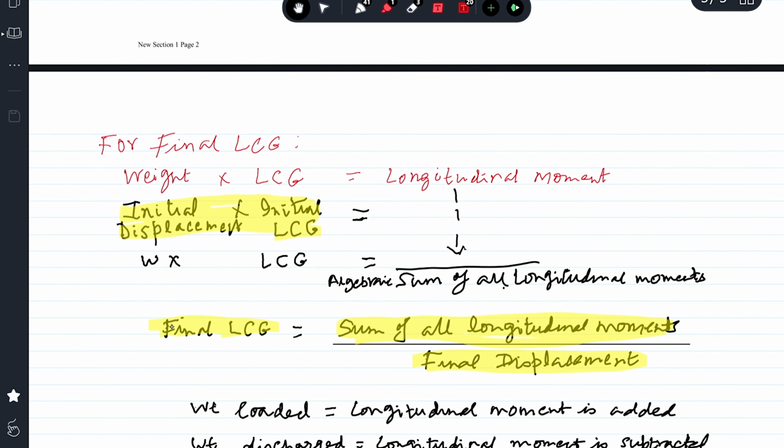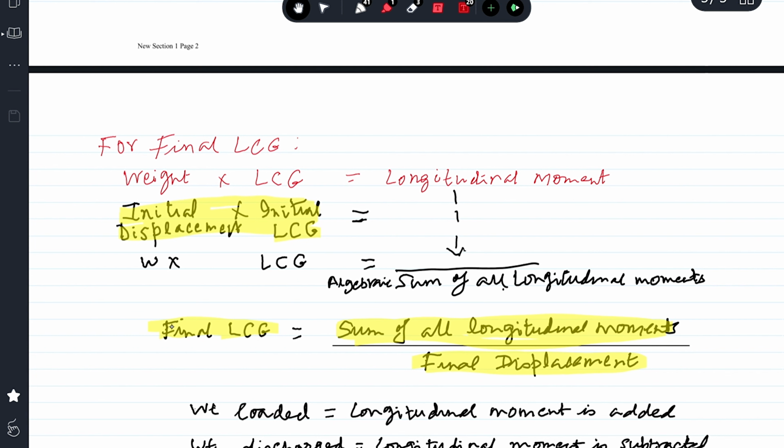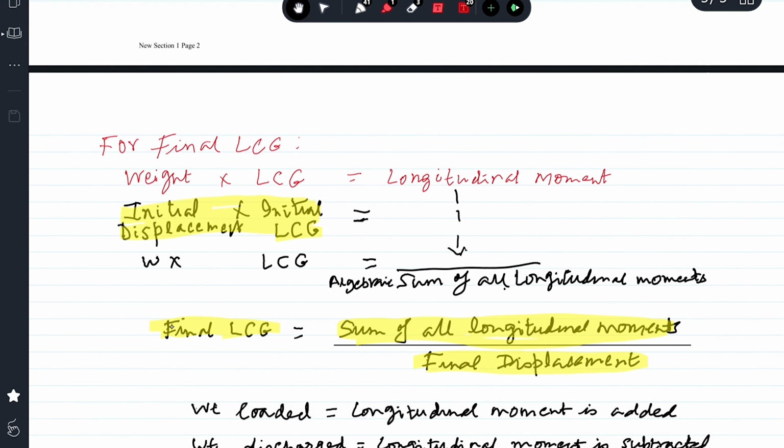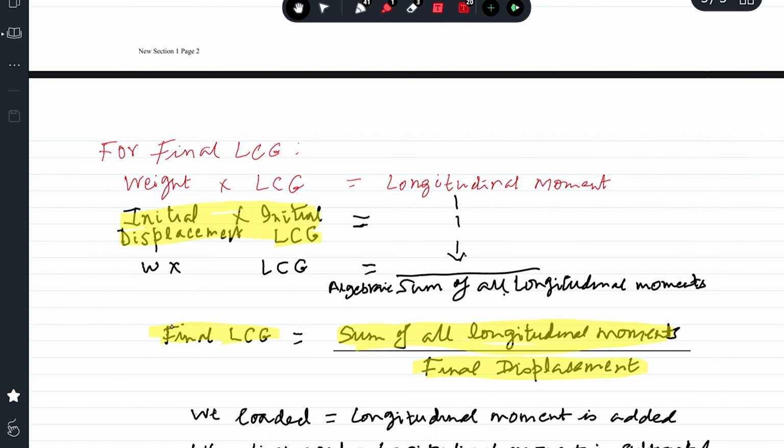Initial displacement multiplied by initial LCG in the given condition of the vessel before the operation is done. That has to be also taken into account. So multiply the original initial displacement by the initial LCG and get the longitudinal moment. Write the moment here.